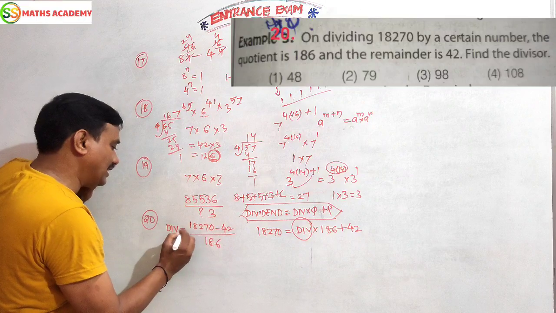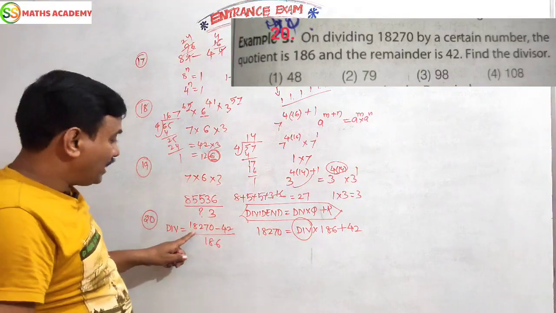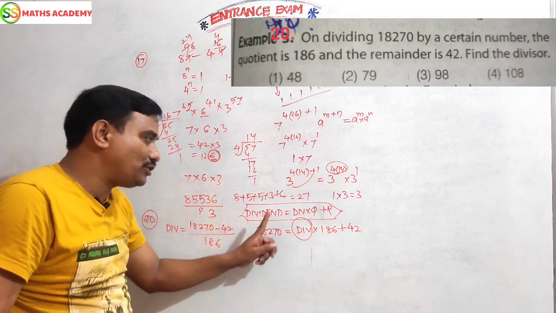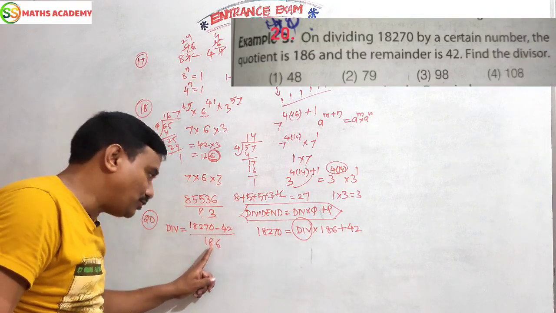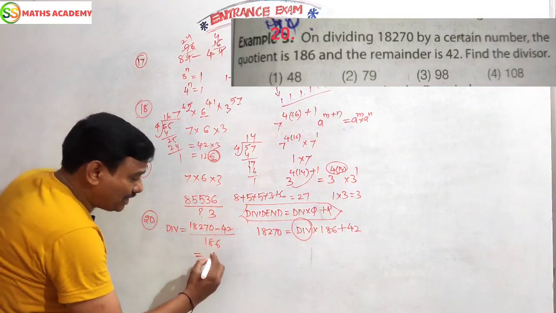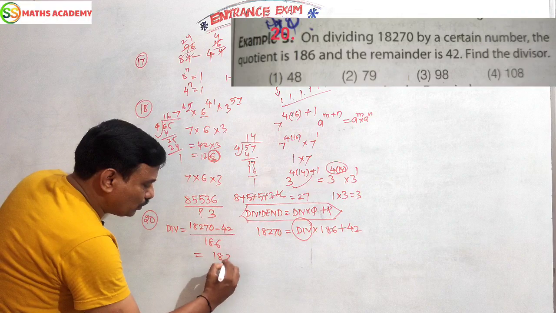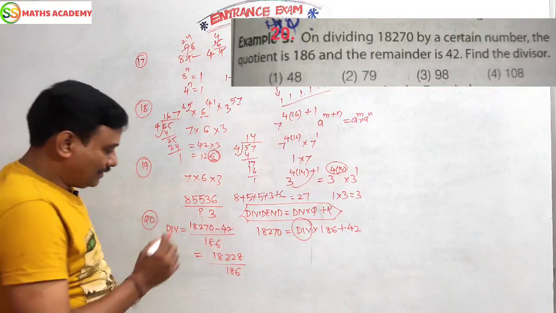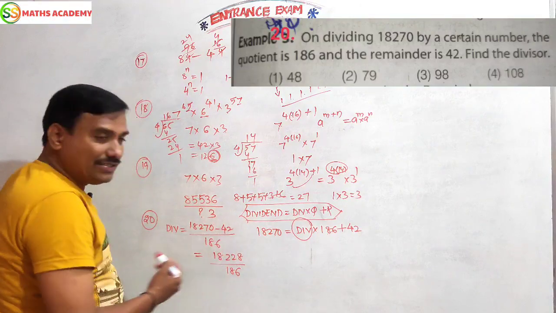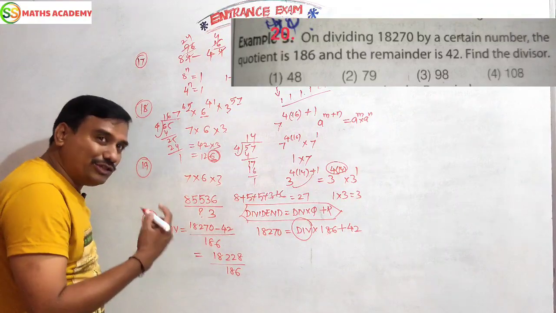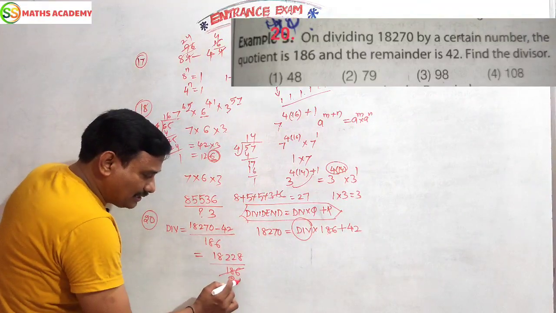Then you will get the direct answer, the divisor. So now the divisor: 42 you have to transfer to the left side, it becomes minus 42. Now divided by 186 gives the divisor. Right? Here after subtraction of these two we should get 228 by 186. Okay? Simple. We have to go with the 6 table. Very easy to cancel. Otherwise you can go with the 2 table also. 6 1 ja.